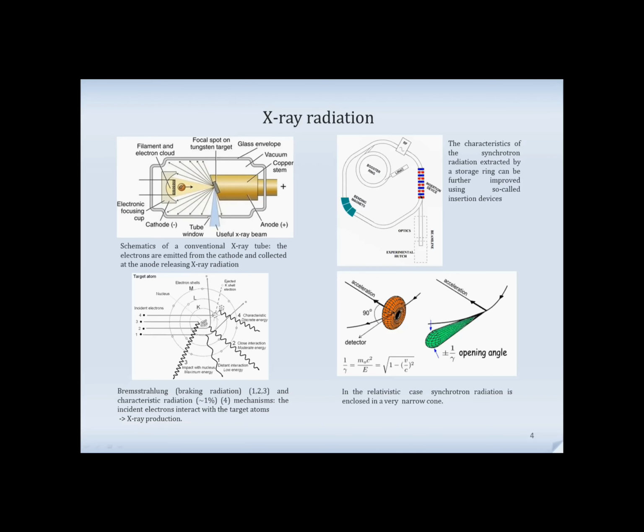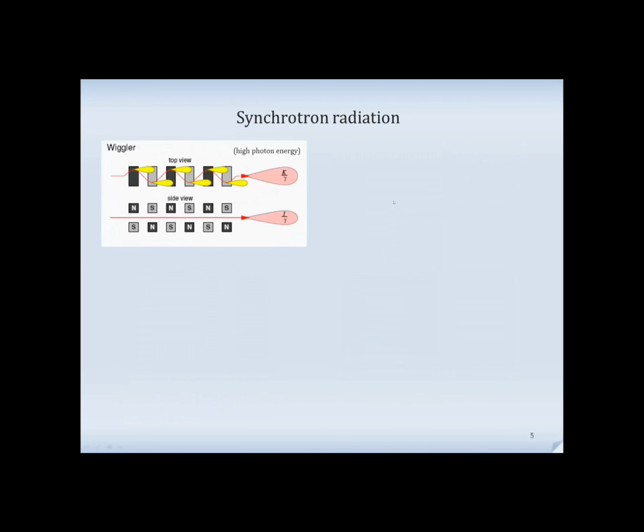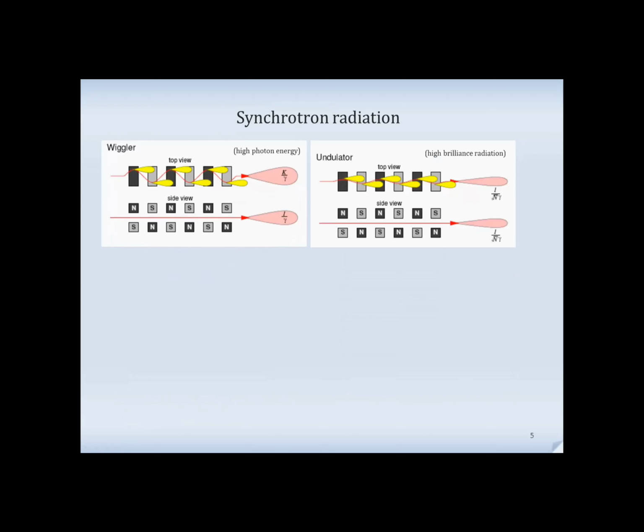we can use a so-called wiggler. It's one type of insertion device, or undulator. They're more or less similar devices. In real life, it's a several-meter set of permanent magnets with oppositely aligned poles.